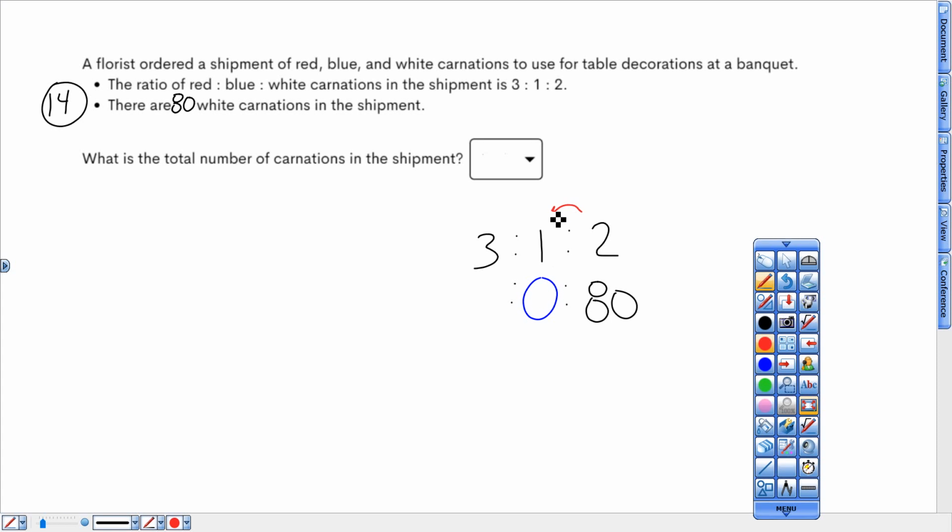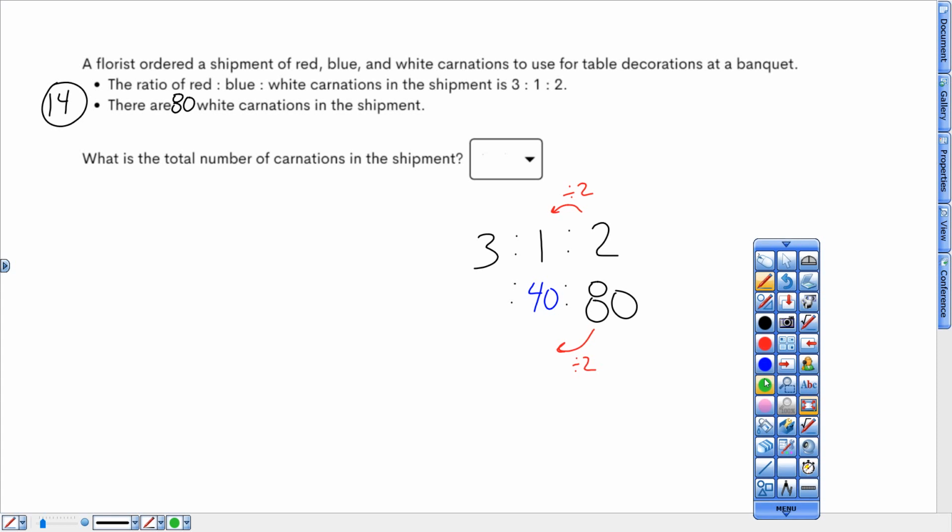So from 2 to 1, that's cutting it down by 2. So what I need to do is take that 80 and cut it down by 2, divide it by 2. That will keep that ratio true. 40 is what 80 divided by 2 is, and that keeps that ratio 1 to 2 intact. 80 divided by 2 is 40. 40 times 2 is 80.